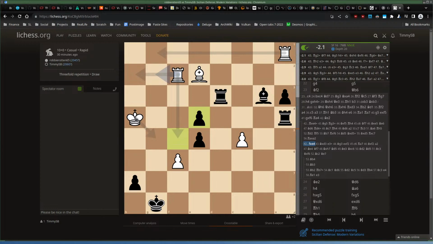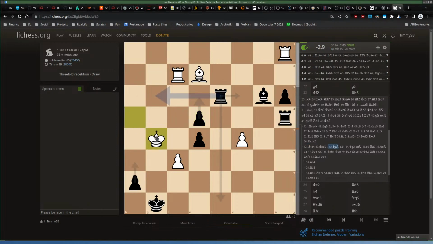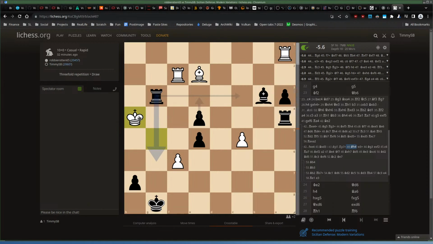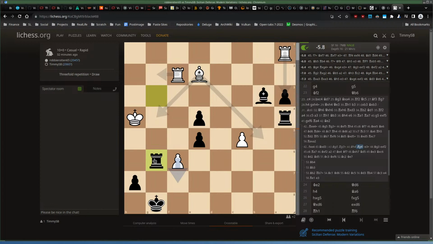This is not a good move going out of the check. No, because then I can give check like that. Okay, then if I go back, it's completely cutting the king off.